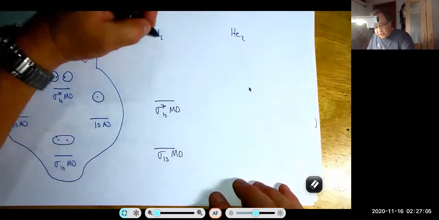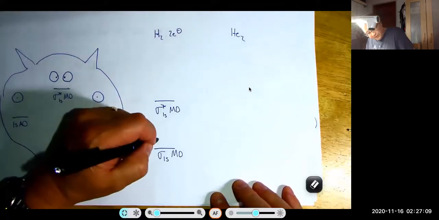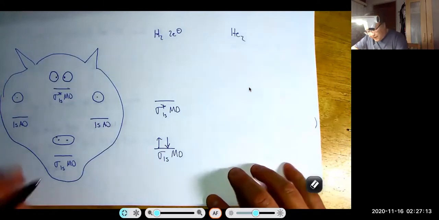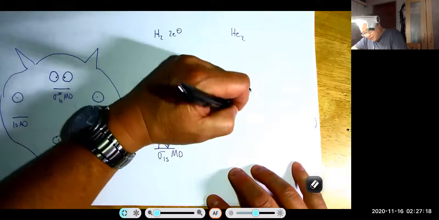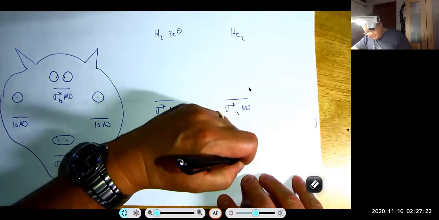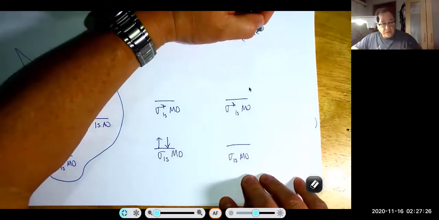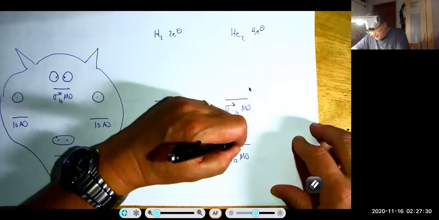Now for H2, we have two electrons, so here's how we put them in there, just like that. Now for He2, you have a sigma star 1s MO, and you have a sigma 1s MO. And here you have 4 electrons, 2 electrons per helium atom. So we put them in there like this, and this is what we get.